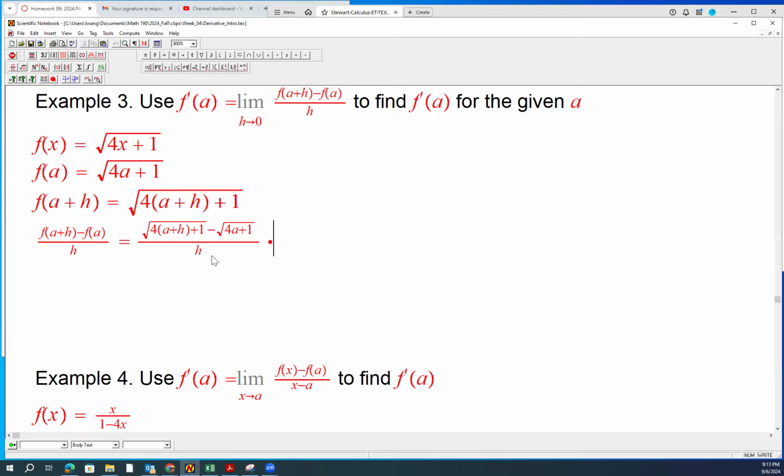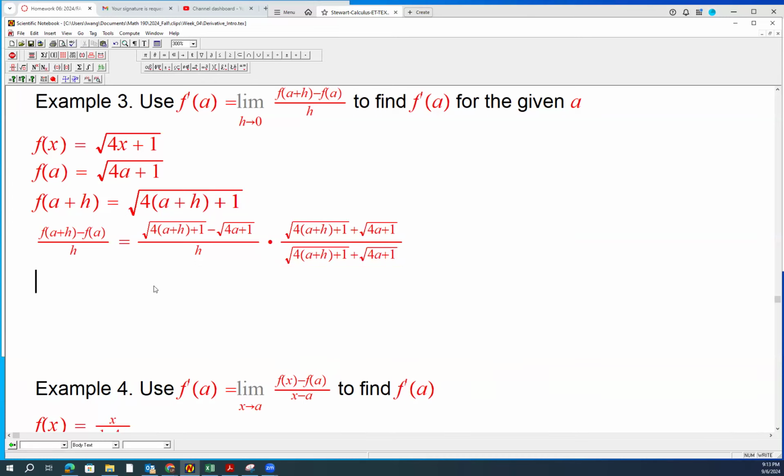Okay. So we know that if we take the limit, we cannot directly substitute because that's going to cause a zero denominator. So we're going to use our old trick, which is the conjugate of the numerator. So we're going to rationalize the numerator. And then what do we get?